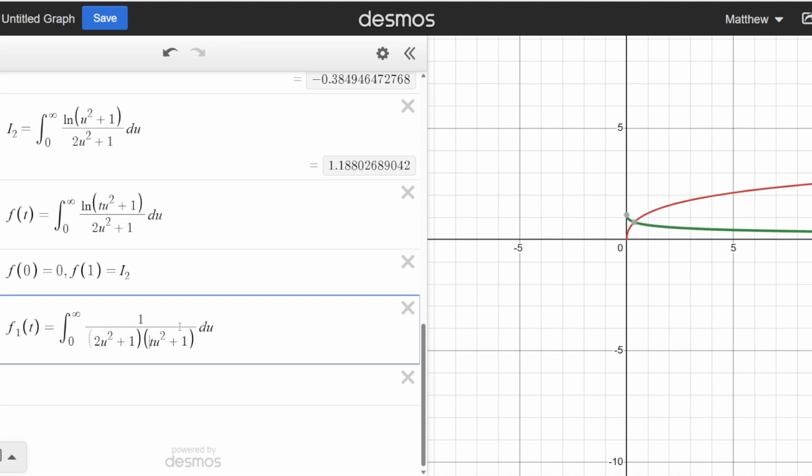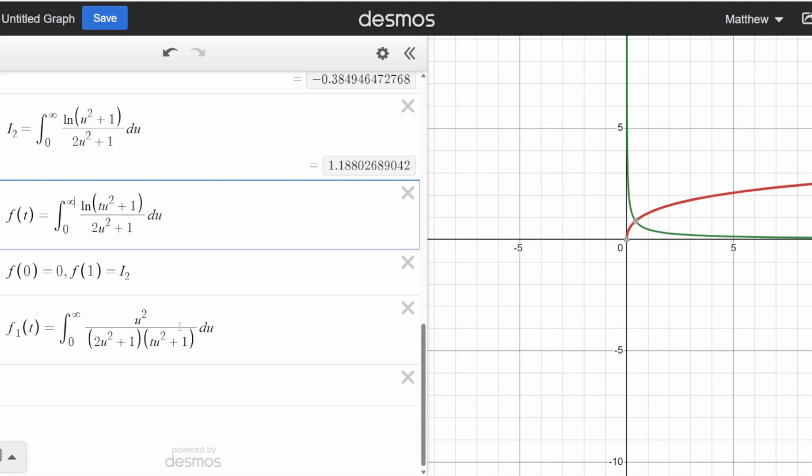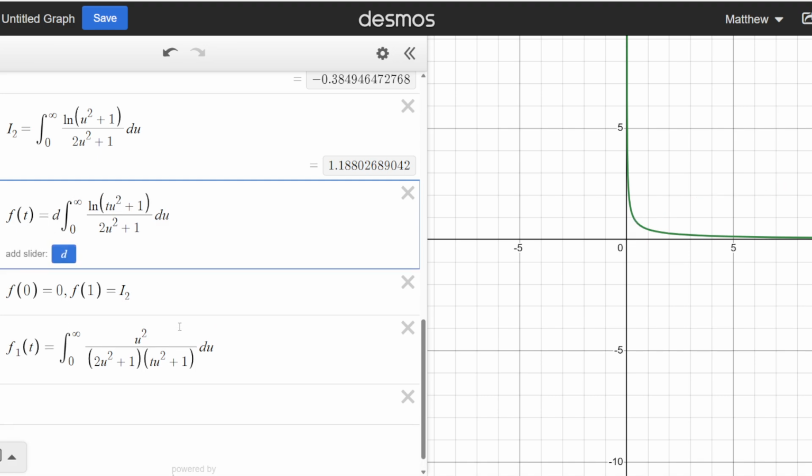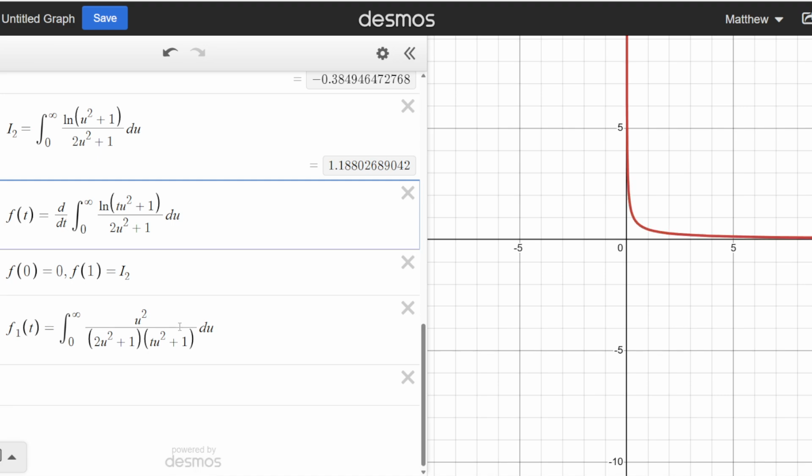And then using the chain rule, taking the derivative of the inner function, we're just going to get a u squared. All right, now just to verify I did the differentiation correctly, let's put a d dt in front of our original f of t to make sure it lines up in our graph, and it does.